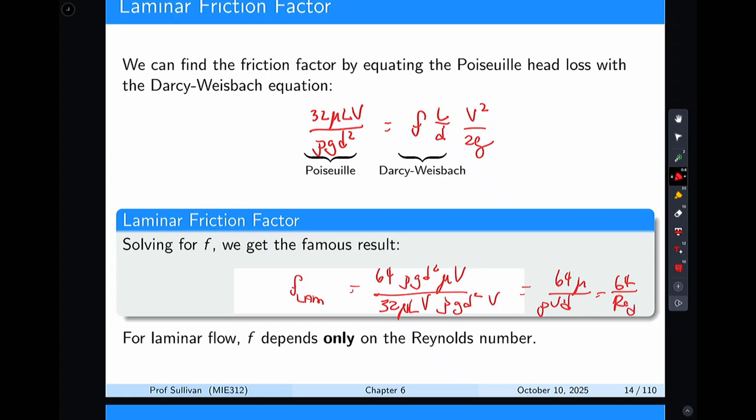So if I have a laminar flow, I can calculate that friction factor just based on the Reynolds number based on diameter. 64 over Reynolds number is a solution that will work for every case in laminar flow.